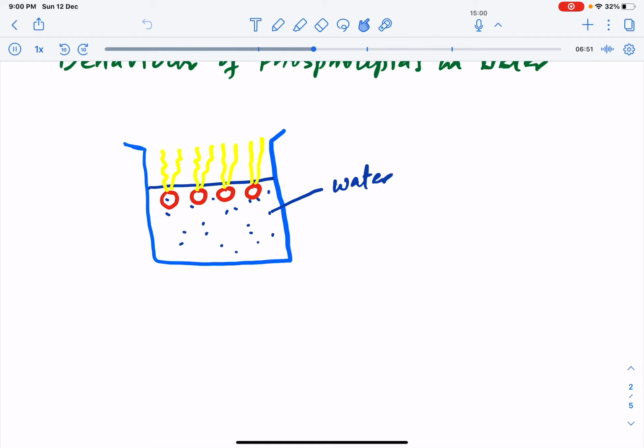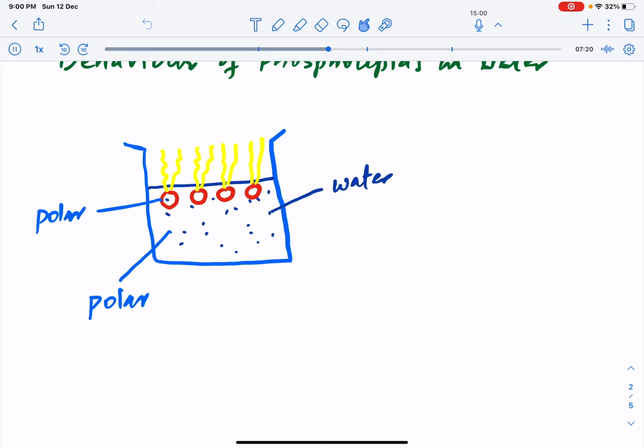So these polar heads can make hydrogen bonding with water, so they are dissolved in water due to their hydrophilic nature, as we discussed earlier. Water is polar, and these heads of the phospholipid molecules are also polar.